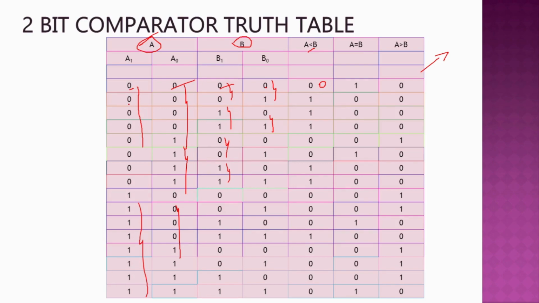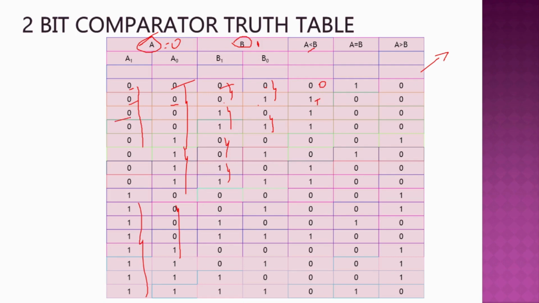In the second row, A1 is 0 and A0 is 0, so the A value is 0. And for B, B1 is 0 and B0 is 1, so the B value is 1. Comparing both values, A is less than B, so the condition is true. So you need to fill the value as 1.